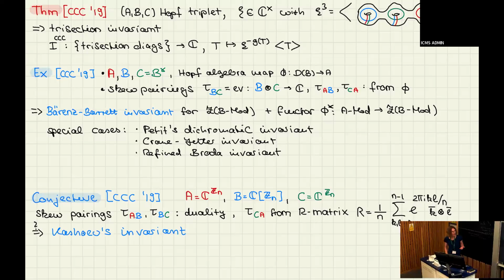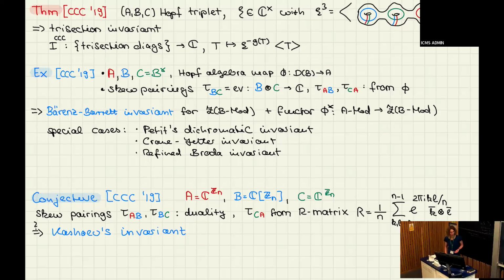So you would expect there should be a tensor categorical or spherical fusion categorical counterpart of this construction, and it's not known. And the third observation is that everything in the trisection diagrams is by definition very diagrammatic.